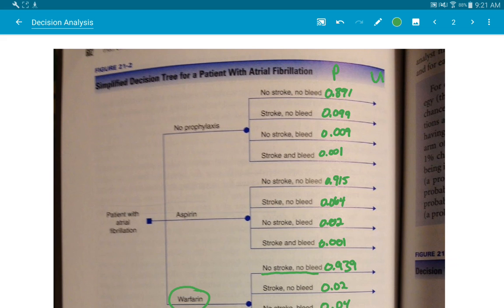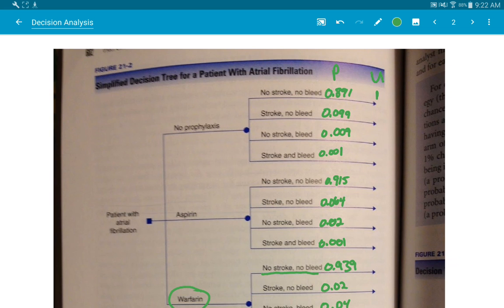It's on a 0 to 1 scale. 1 is perfect quality of life. 0 is death, basically. There's just nothing there. So we can actually apply those numbers in, and it's right there in my little notes. For example, all of the utilities for no stroke, no bleed are 1.